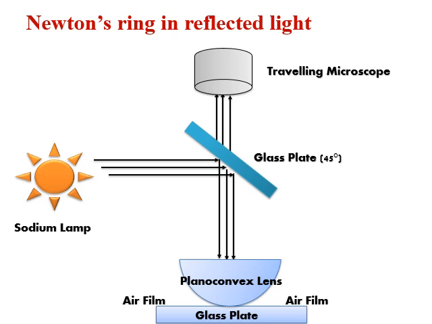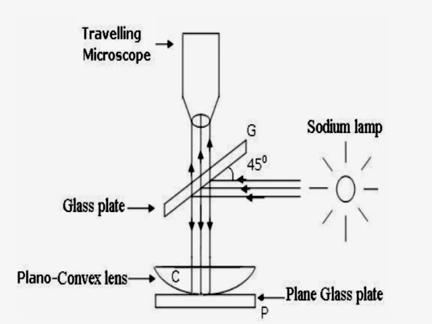So this is the construction of Newton's ring experiment: sodium lamp, then glass plate arranged at 45 degree, a plano-convex lens, glass plate and a traveling microscope. So here is the construction of Newton's ring experiment.